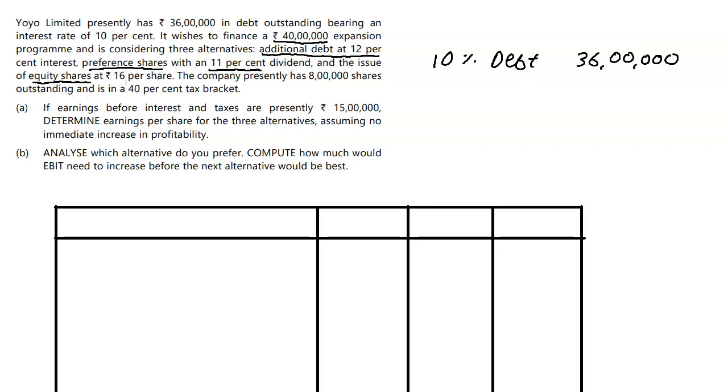So if they did not give us 16, we would have had no choice but to divide by face value. They've given us that. The company presently has 8 lakh shares outstanding, and we do not know the face value of the shares. They have told us that there are 8 lakh shares outstanding.